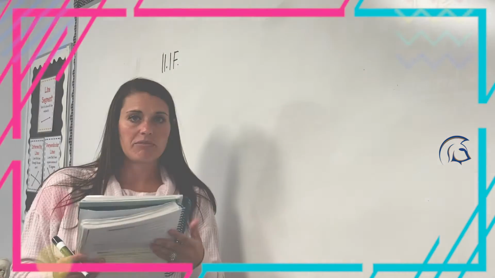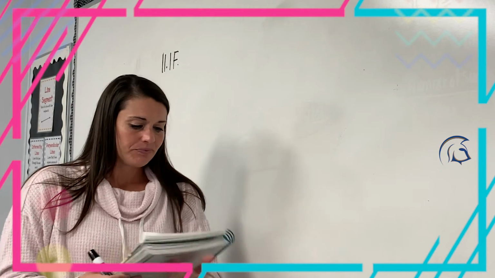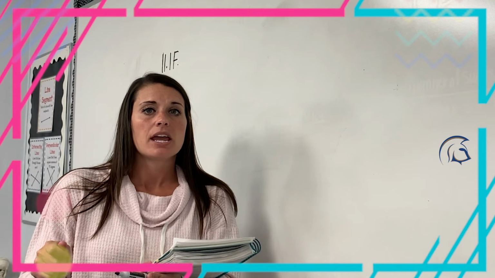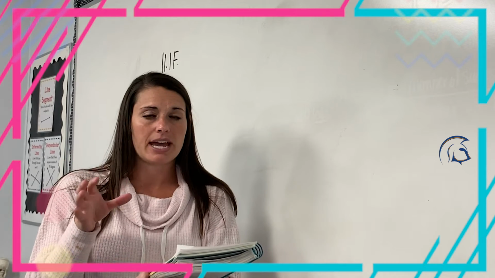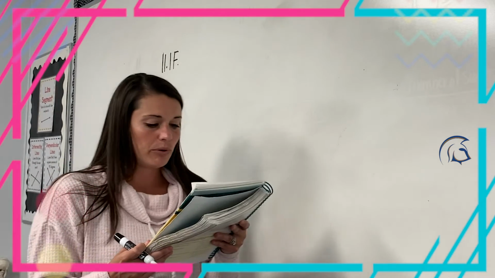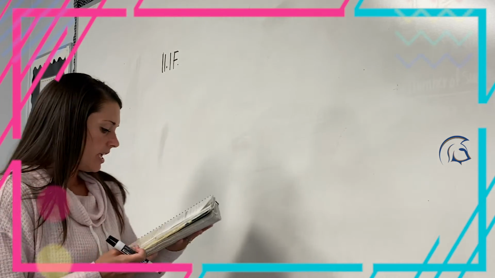Now we're going to look at 11.1f. We are looking at the probability of events that are mutually exclusive, but it's compound, okay? It has more than one thing it's asking for. All right, so if you look on page 499, 11.1f, it gives you an example.